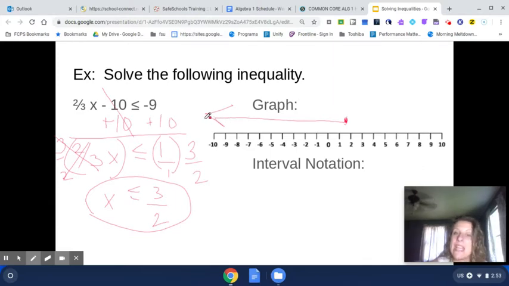So negative infinity, again, is my smallest value. And then on the right side, I have that 1.5 or 3/2. This time, I want to include the 3/2, so we use a bracket to indicate that we want to include that number. And then again, anytime we have an infinity symbol or a negative infinity symbol, we use the parenthesis.